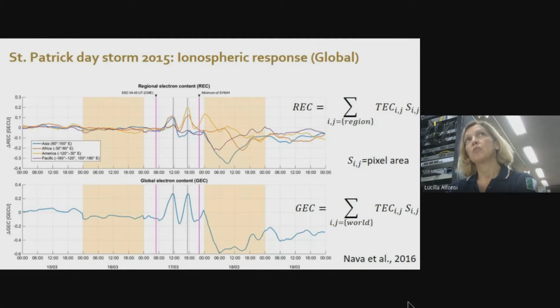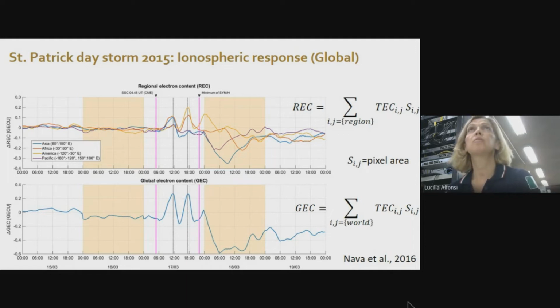From the geomagnetic field, we are now looking at a couple of plots that account for the ionospheric response. So in this case, we are looking at regional and global assessment of the total electron content variation.